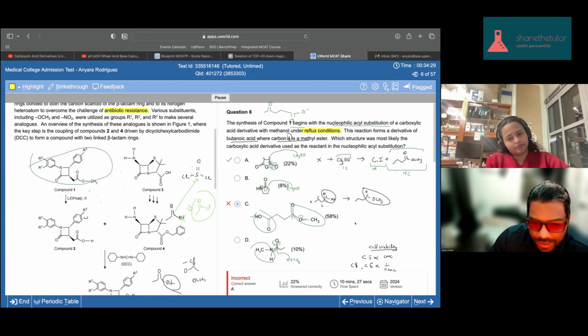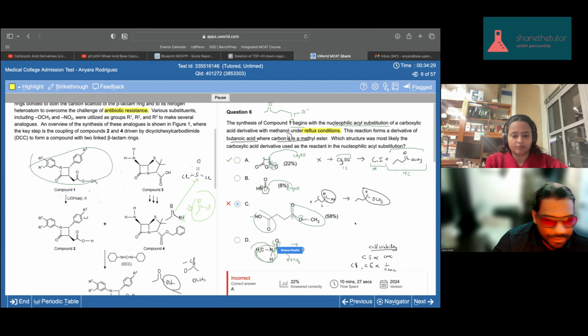So for D, it would attack this carbonyl, but this would just result in this nitrogen attached to the methyl that would leave, right? So that would have to be in our byproduct here, but it's not. So D is out. Then here we would want something.